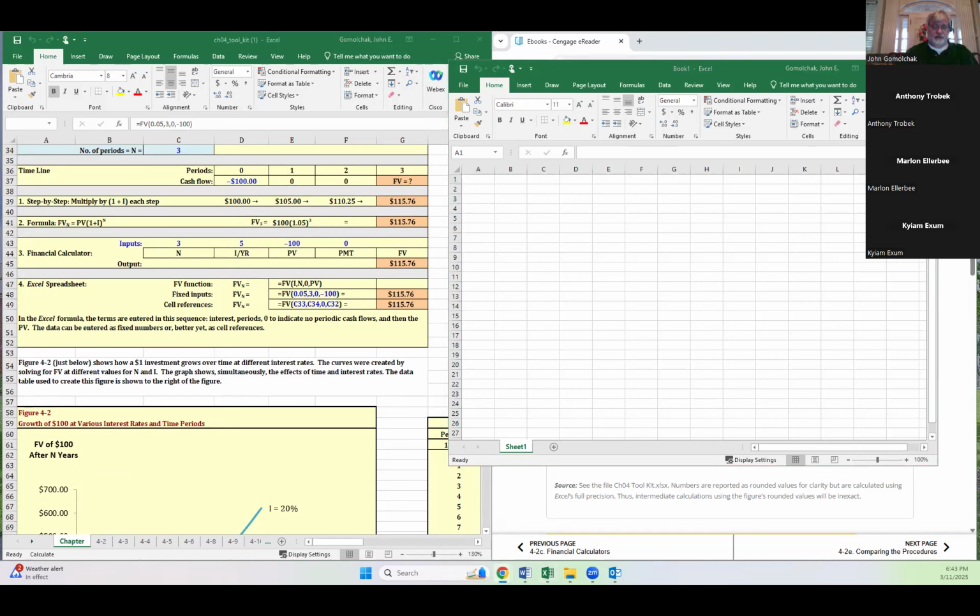Let me just look it up real quick. Now it's showing me what they are under the formulas tab. So come over here, formulas, especially the financial function group.